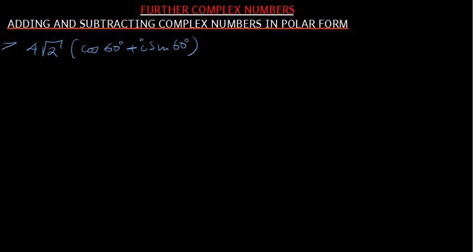This is the first complex number z1 which we have, and then let's say we've been given z2, which is equal to 3 cos, let's say 30 degrees, plus i sine 30 degrees. So if these are two complex numbers that we've been given and we want to add them, how do we get to add them?